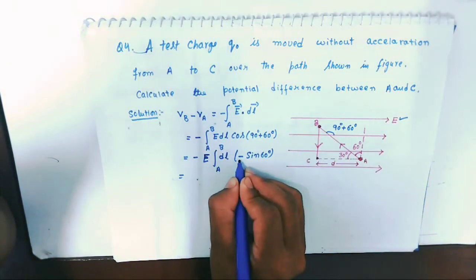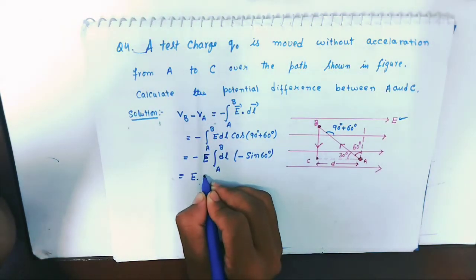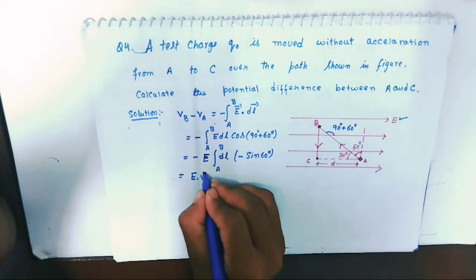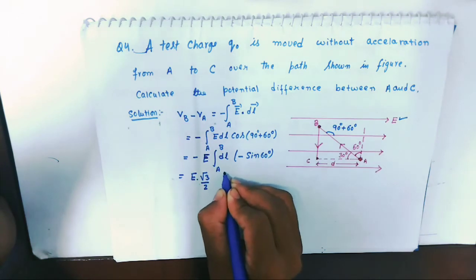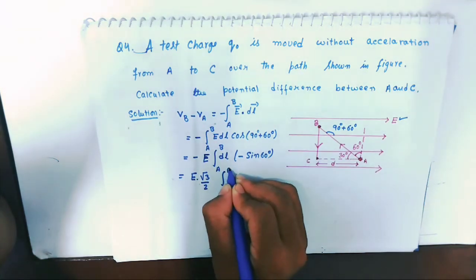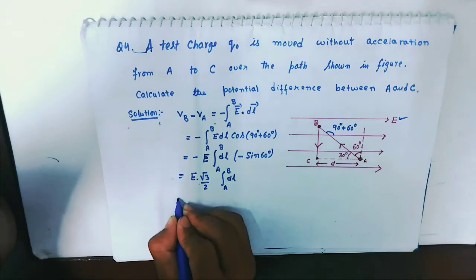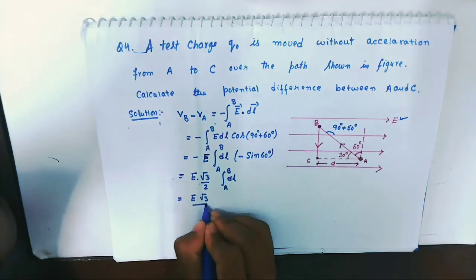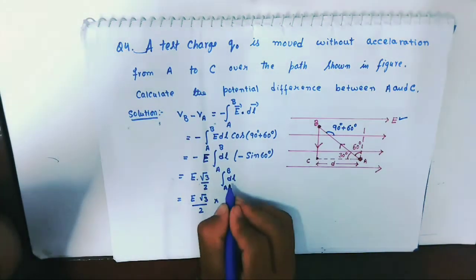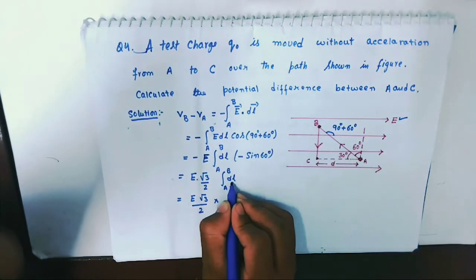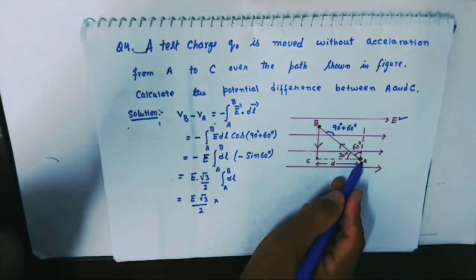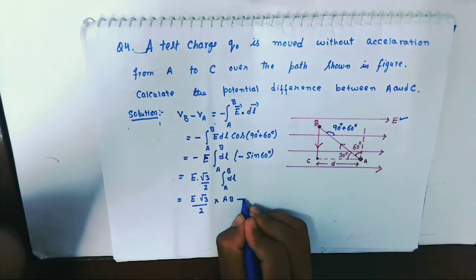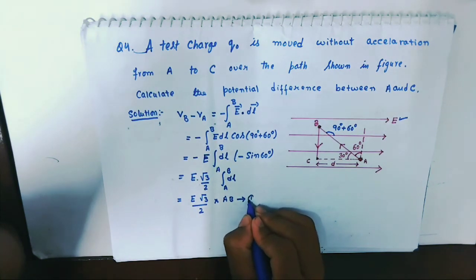So minus minus becomes plus, and we get E times sine 60, which is root 3 by 2, and then the integration from A to B of dl. So this is equal to E root 3 by 2 multiplied by the integration, which gives L, but that L is nothing but AB. Let us mark this as equation number 1.